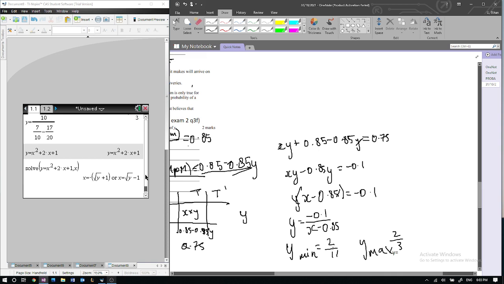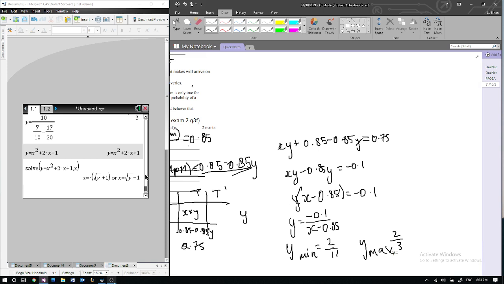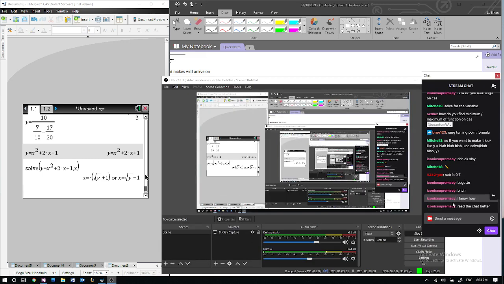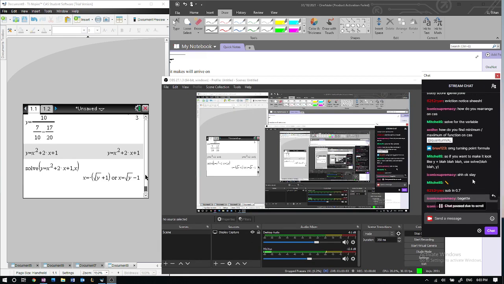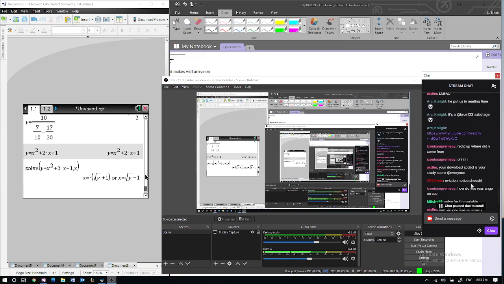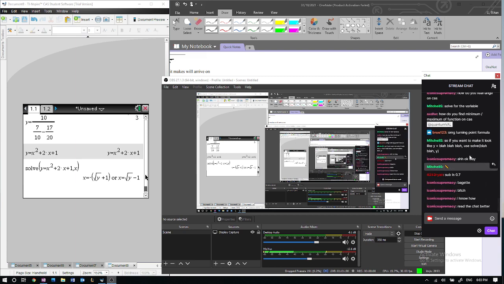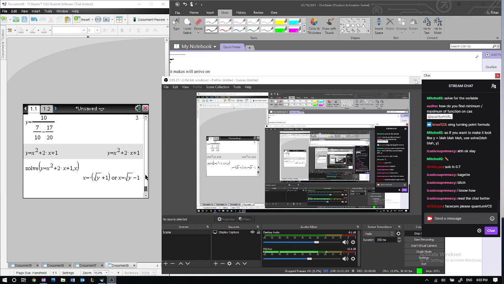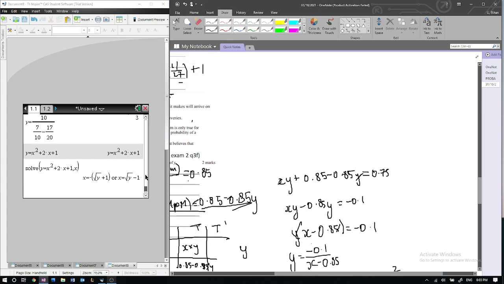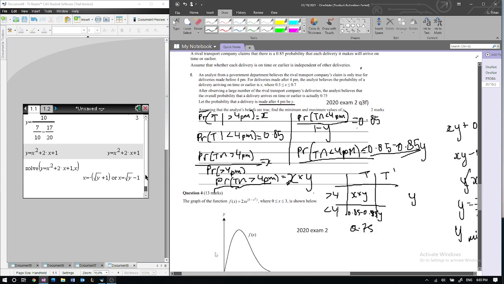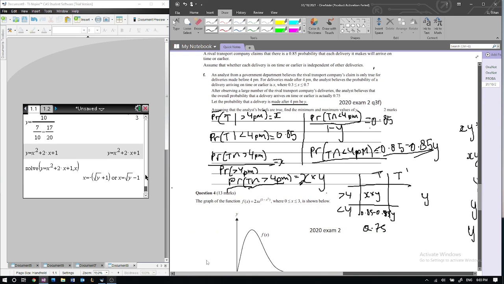But this question is pretty easy to rearrange, so I'd just say do it by hand to be safe. And I think just using the calculator for that would just complicate it. Okay, so done that. Mitch, so if you want to make it look like y is equal to, you solve. Yeah, in a sense, but for this one, again, do it by hand because it's a lot clearer.